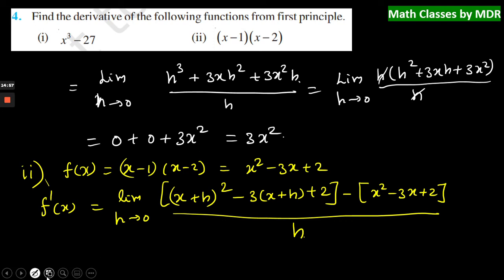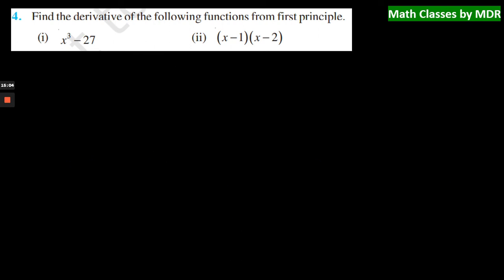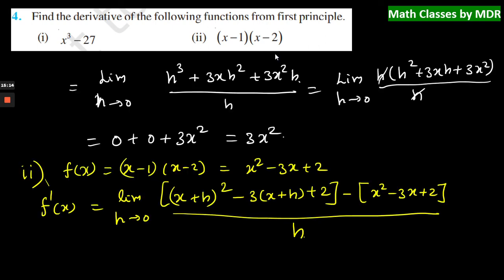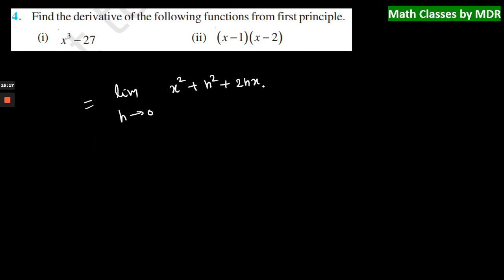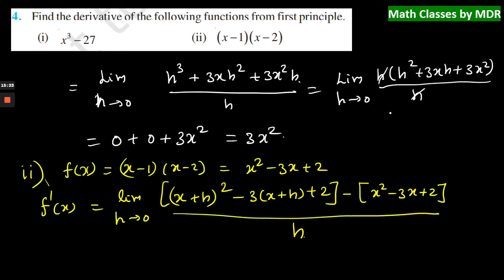Now let us simplify this. On simplifying, (x plus h) whole square is x square plus h square plus 2hx, right? And then minus 3x minus 3h plus 2. This is what we have on simplifying the first brackets.